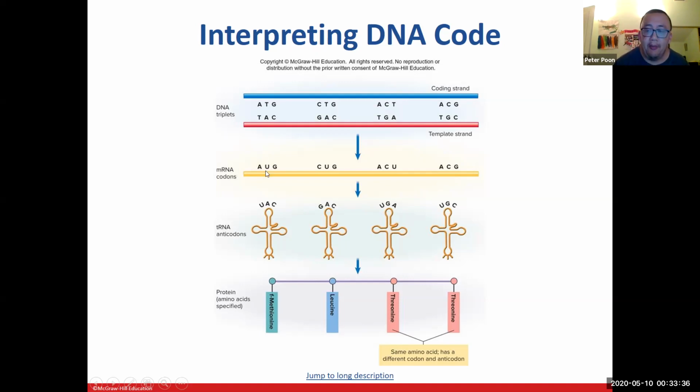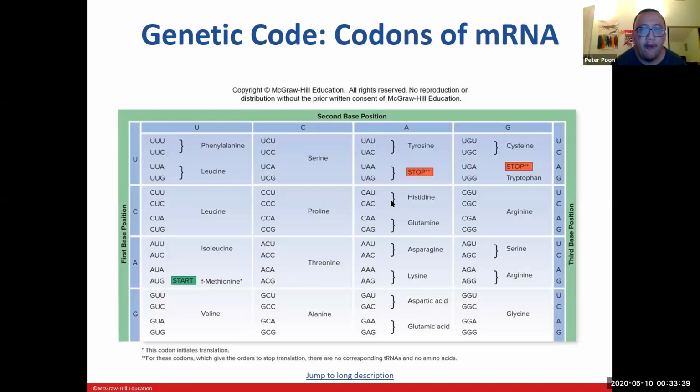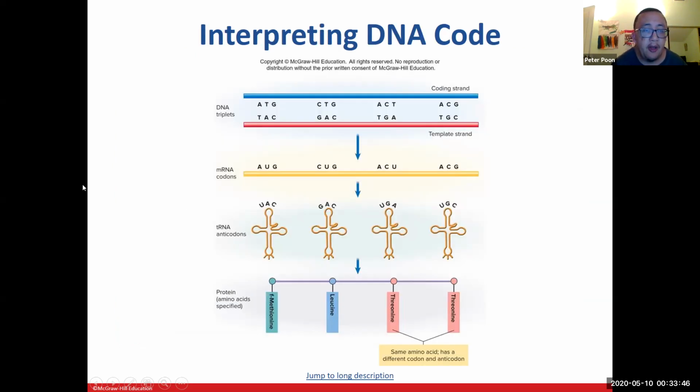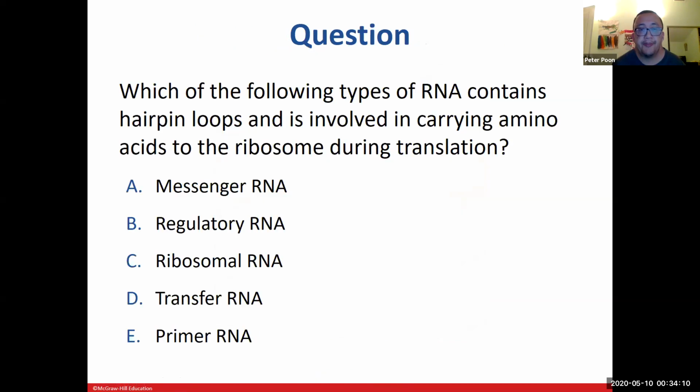You look for the very first start codon, the very first AUG. You search around the DNA message for the very first AUG, and you start right there. Then you look for the next letter, the next letter, etc. So initiation, you look for the very first AUG, and then you elongate by adding more codons.